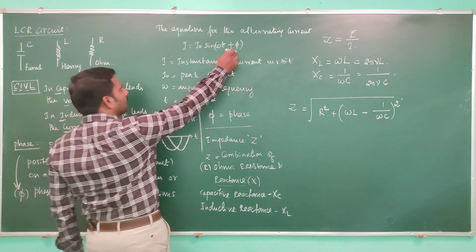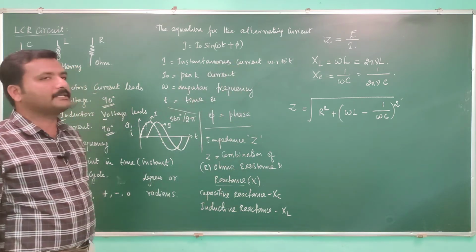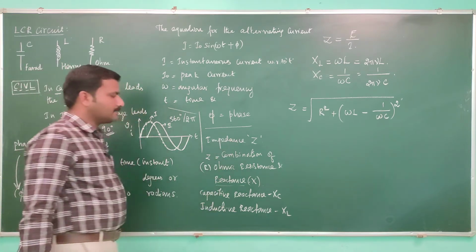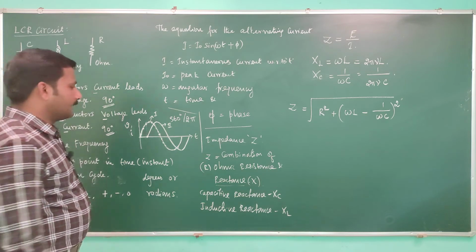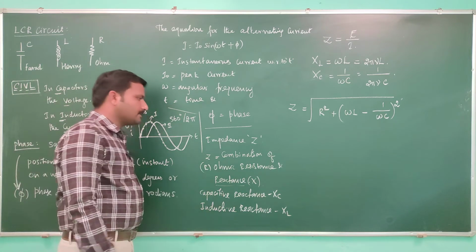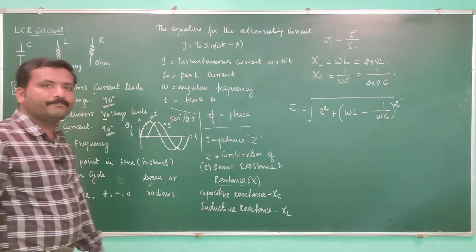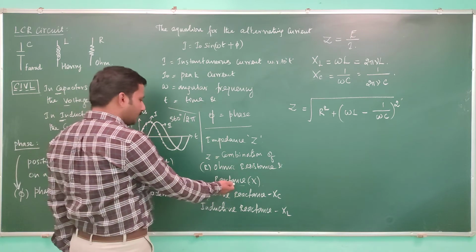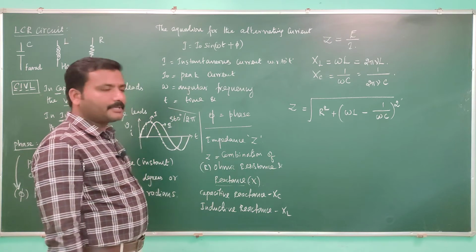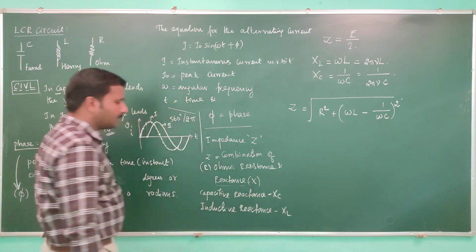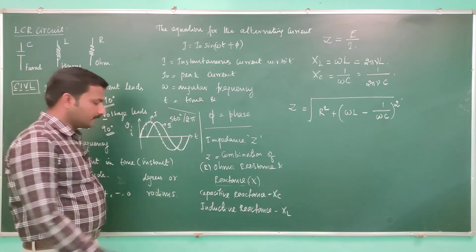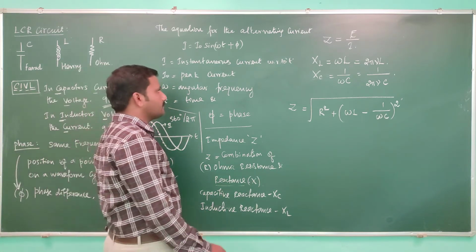So we have introduced the term phi in the equation of the alternating current, and we have said the impedance is the combined effect of ohmic resistance and reactance, where the ohmic resistance is offered by the resistive component, whereas the reactance is the resistance offered by the capacitor, called capacitive reactance, or by the inductance, called inductive reactance.